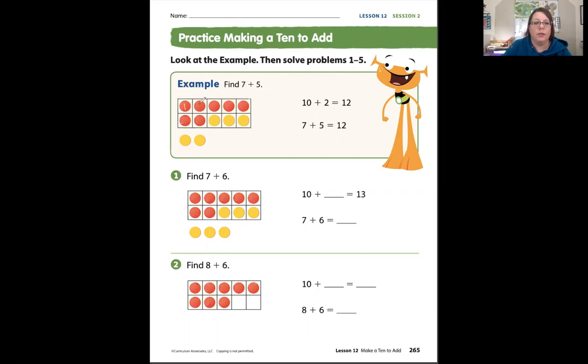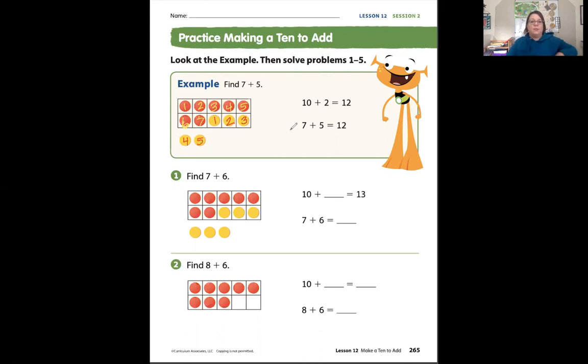Example, 7 plus 5. Here they have 1, 2, 3, 4, 5, new line, 6, 7. And then they added 5 more: 1, 2, 3, 4, 5.